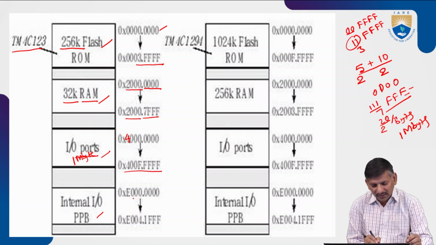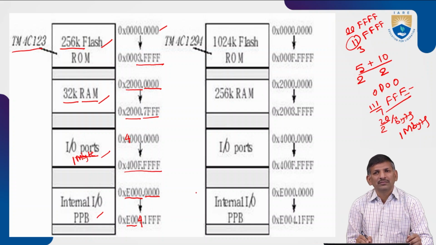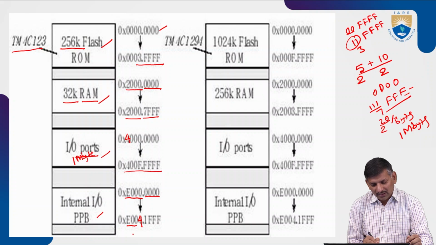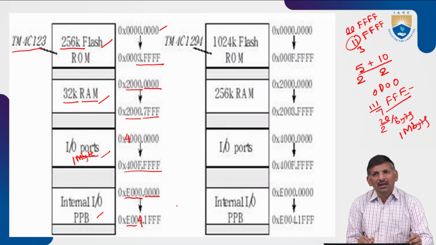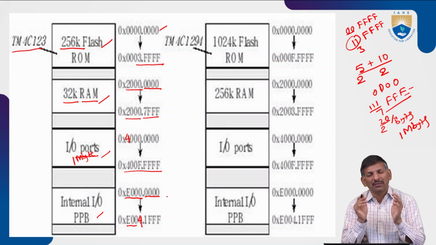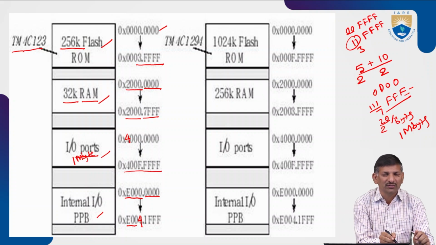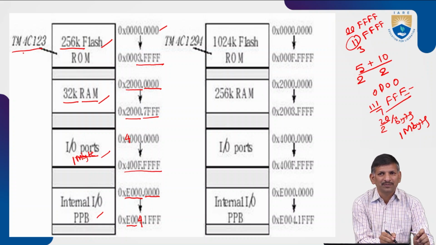For that, here they are assigning E000E000 to E000E004. Starting address is E000E000. Ending address is E000E004. Like this, we are assigning some memory range to the particular peripherals in the TM4C123GH6PM.